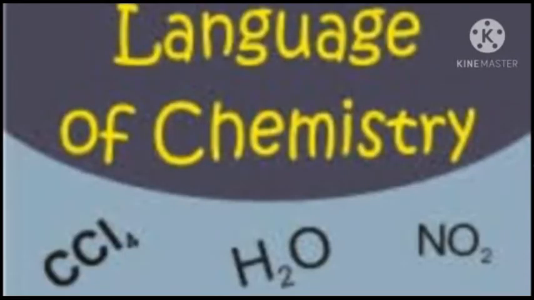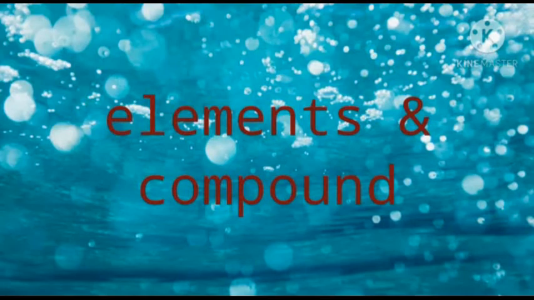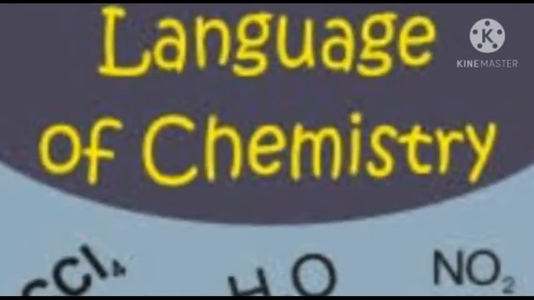Before going to chemical reactions, I want to give some introduction about this language of chemistry. Students, chemistry involves the study of a large number of elements and compounds that have also been learned earlier, with their representation by shorthand notations, that is symbols and formulae.